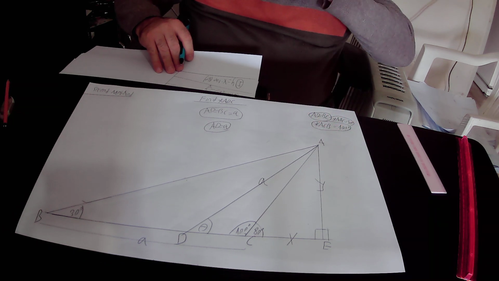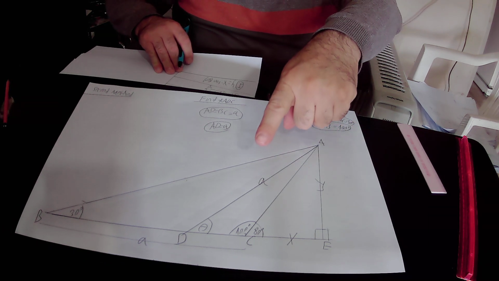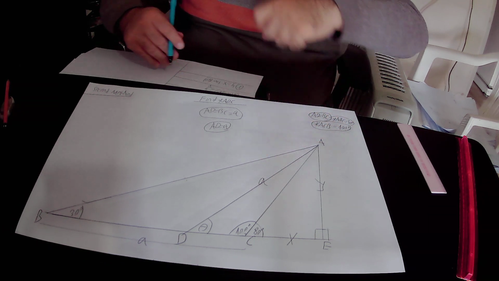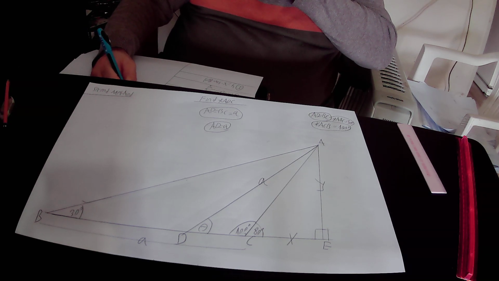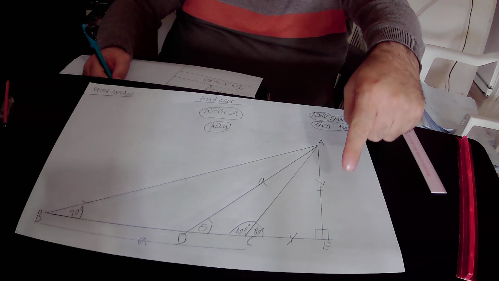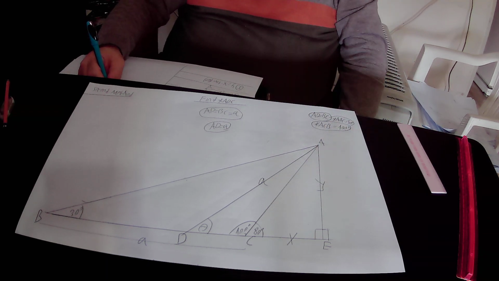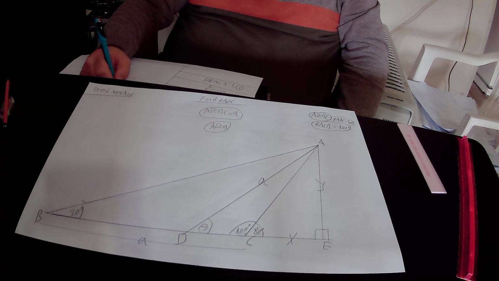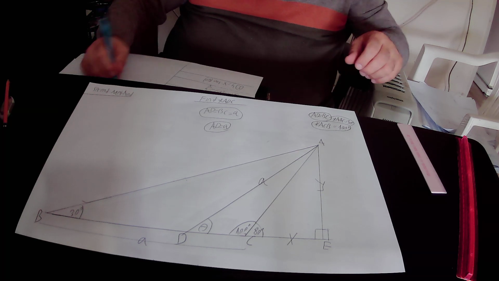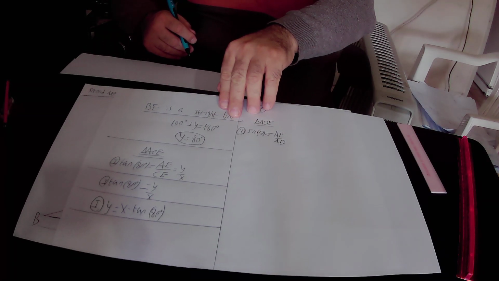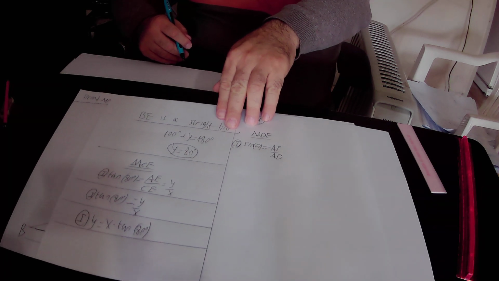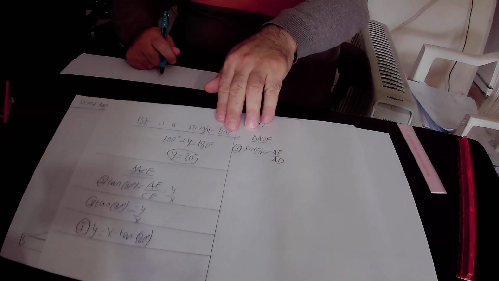On the right triangle ADE, sine theta equals AE over AD.